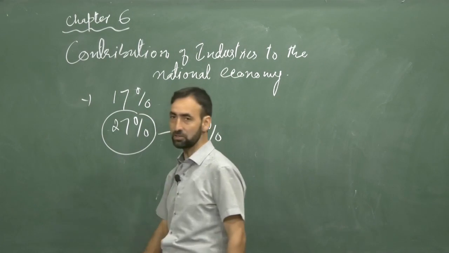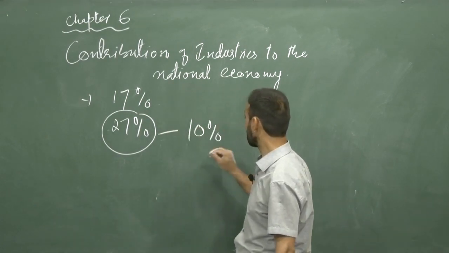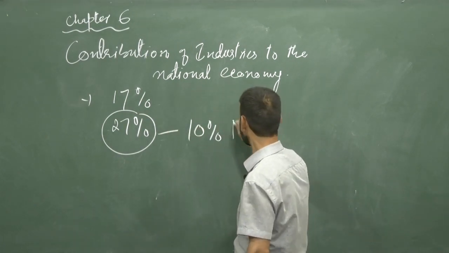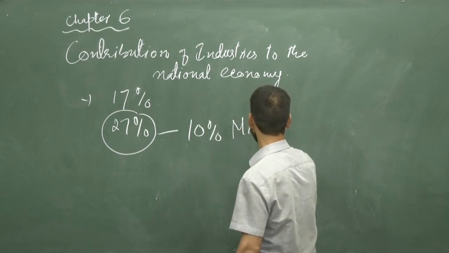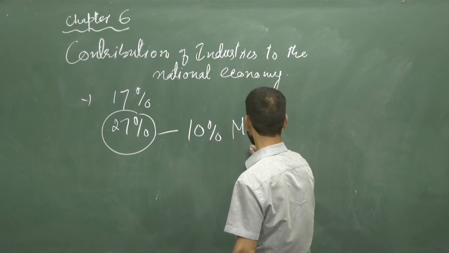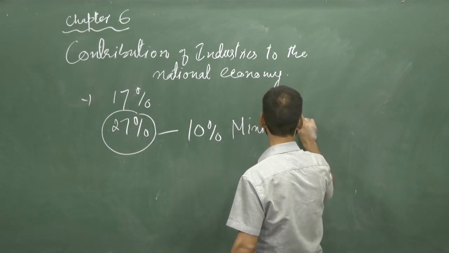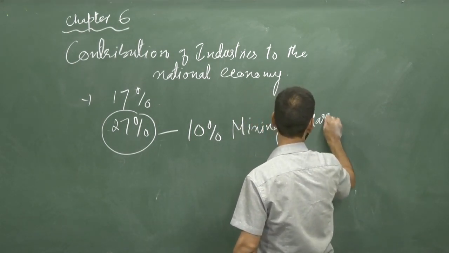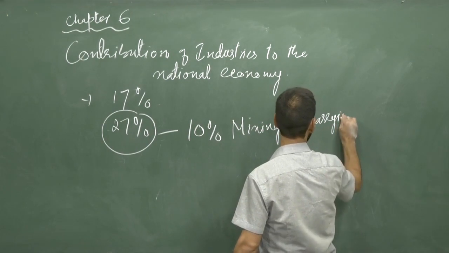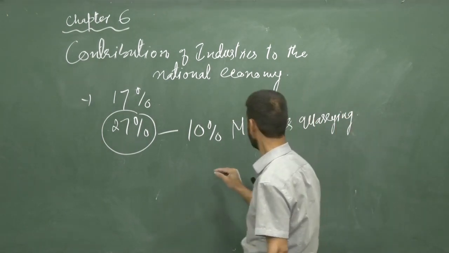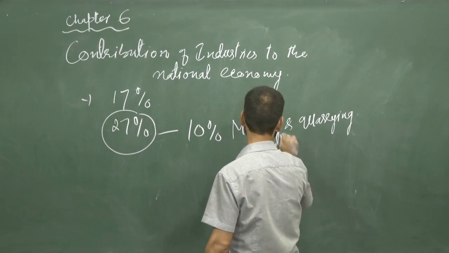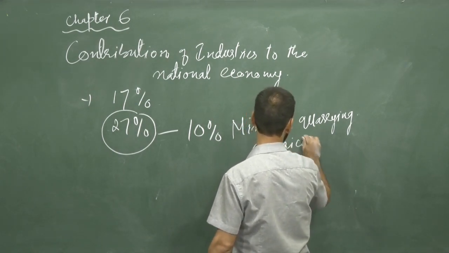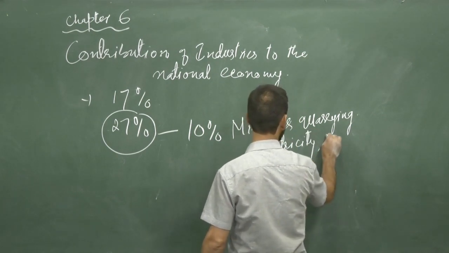This 10% is considered as the profit of the primary sector, which is supporting the industrial sector, that is mining and quarrying, electricity, gas.